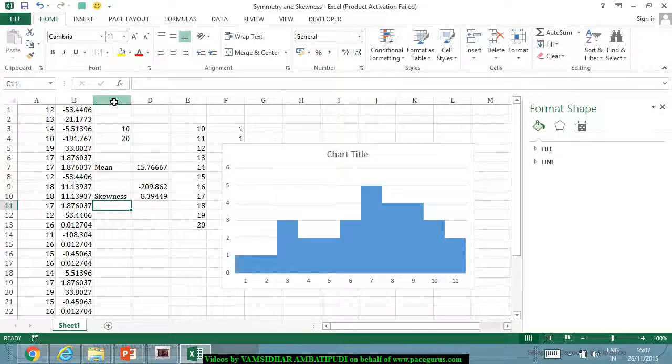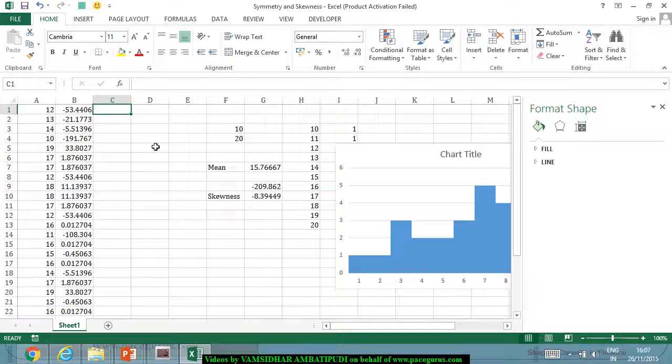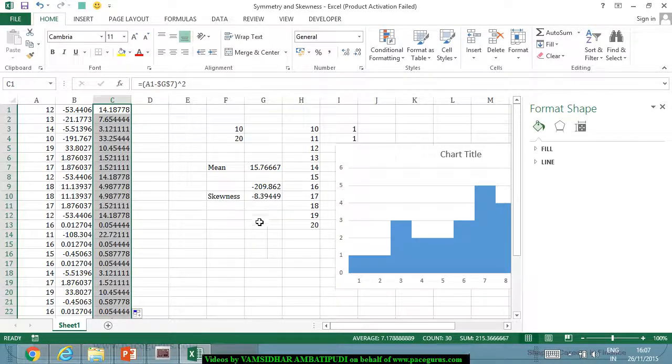Let's find out the second order moment about the mean. Which means from every observation, I have to subtract the mean and square it, right? Because I want the second order moment about the mean.